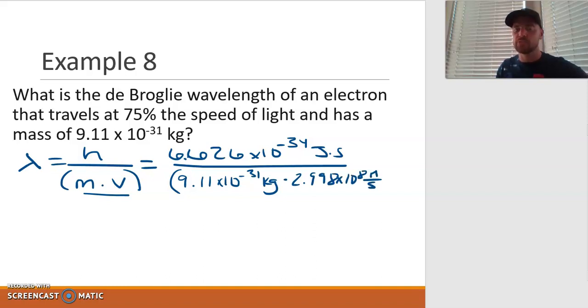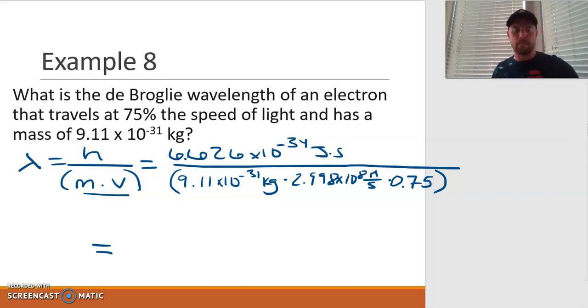But it's not going the full speed of light. It's only going 75% of the speed of light. So what I do is I just add in times 0.75. So that means that that'll take 75% of the speed of light, and it'll calculate that way. So you can add all of that in just one step.